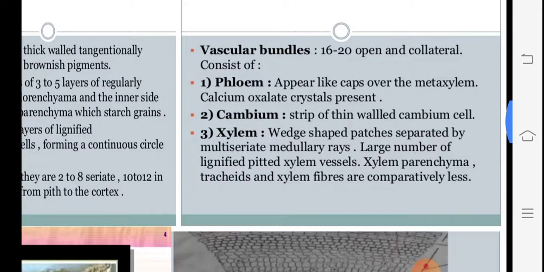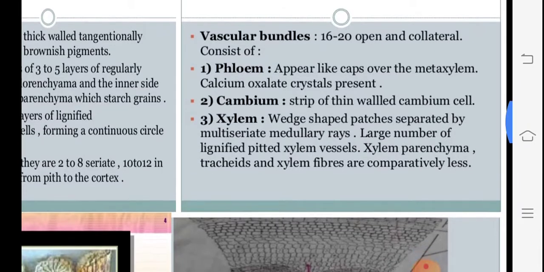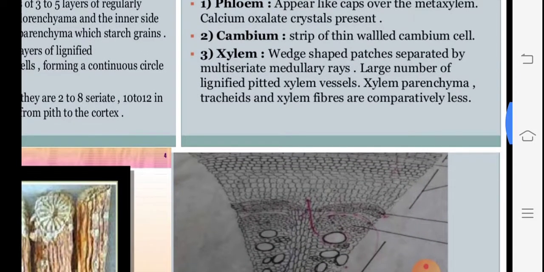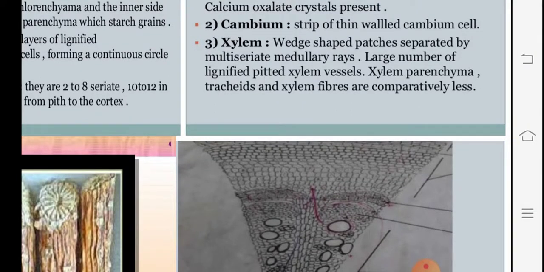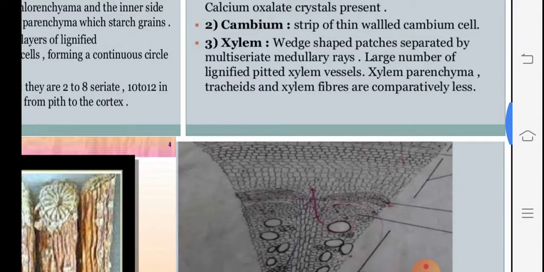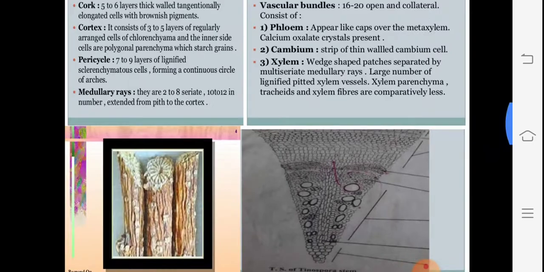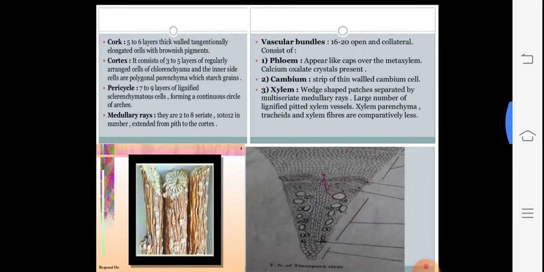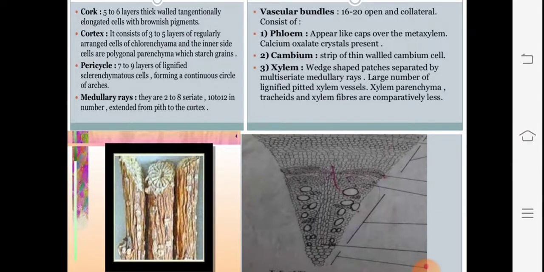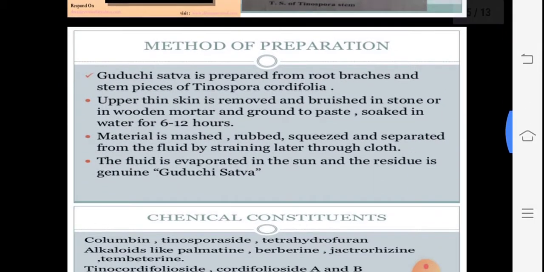Then each has 16 to 20 open and collateral vascular bundles. Collateral means the xylem is on one side and the phloem is on the other side, side by side. Cambium is present in between these two. So remember this diagram and the description for the Tinospora stem.